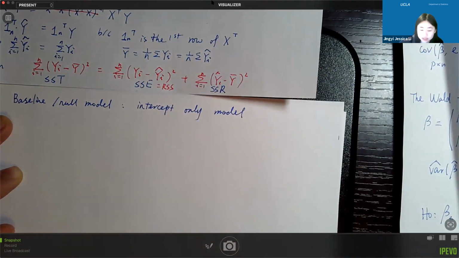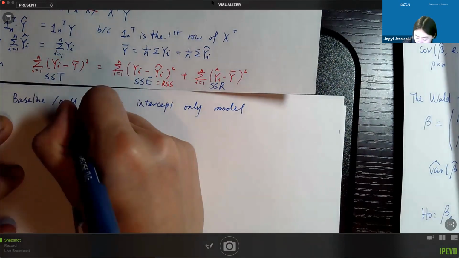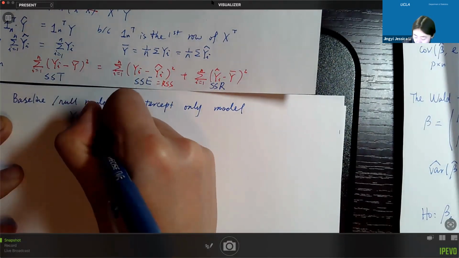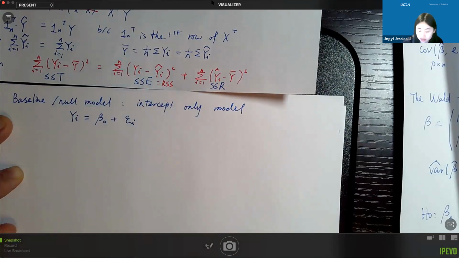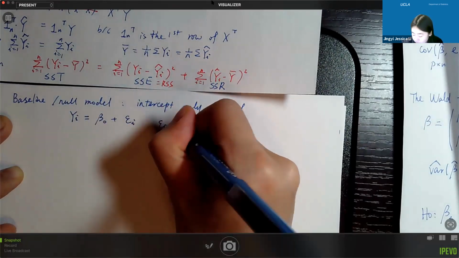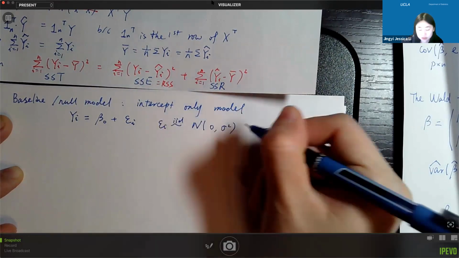In that case, if we write it down in terms of our linear model form, you would just have yi equals beta 0 plus epsilon i. And here, the epsilon i's are still IID, normal, zero mean, common variance sigma squared.